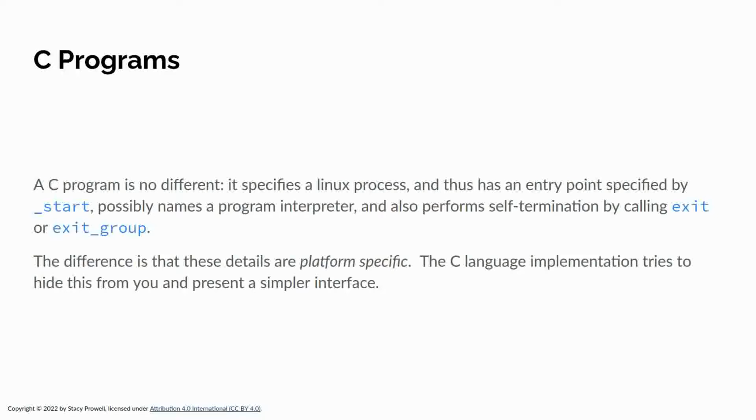And how those things get marshaled and moved around and passed, that piece of it is needed to communicate with the operating system, and in a way also to communicate with the processor. But all that stuff can be hidden from you. So that's what's going on here. It's still a process. It still does the same stuff. It's just that some of that information is provided for you to hide those details from you.